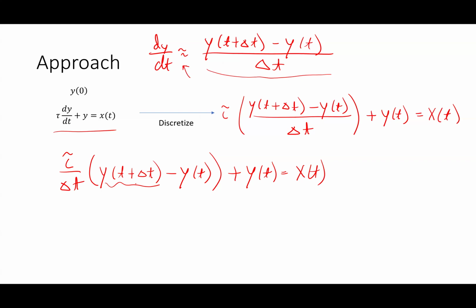Okay, so how do I do that? How would I get that by itself? Well, I'm going to multiply both sides by what? What's my first step? Just algebra wise. I want to get y of t plus delta t by itself. What's my first step of algebra? Multiply both sides by what?